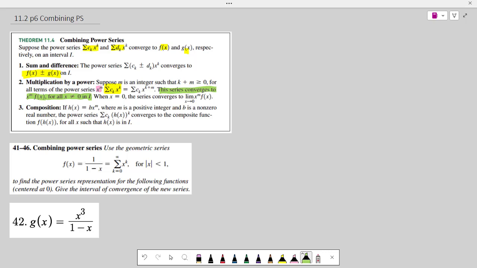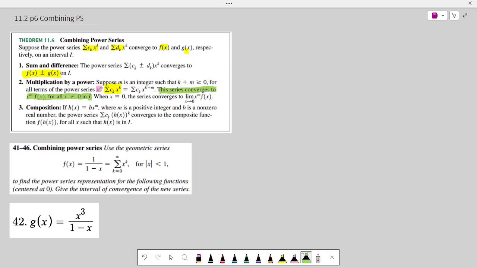This is not going to come into play in this book, but let me just explain why they have this funny not equal to 0 business. The k plus m has to be bigger than or equal to 0. When you have a polynomial, the exponent is a non-negative integer. You can't have a -1, a -2, a -3. It's not a polynomial. 1 over x squared is not a polynomial.